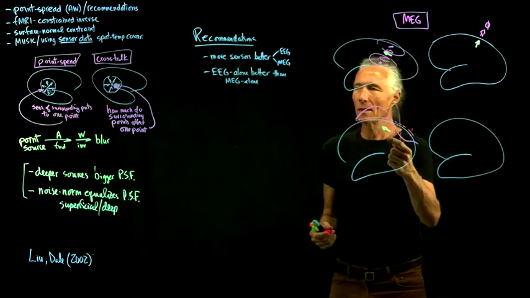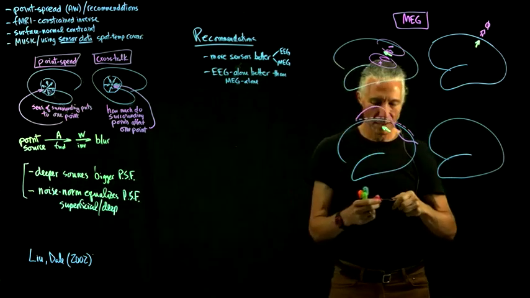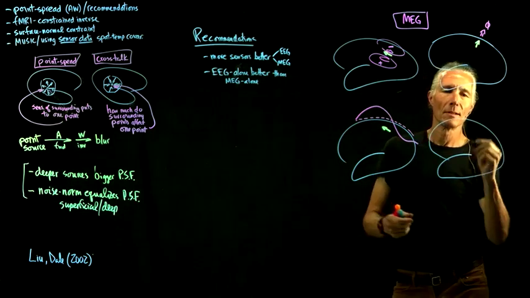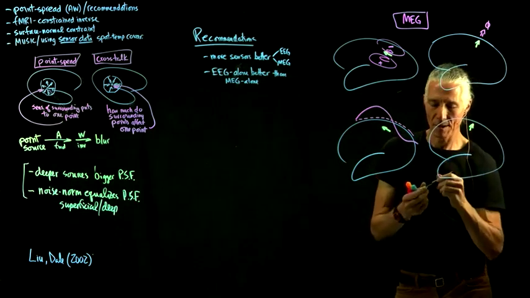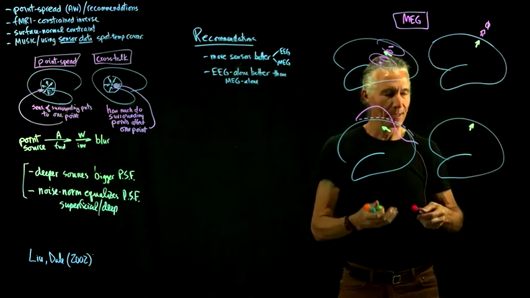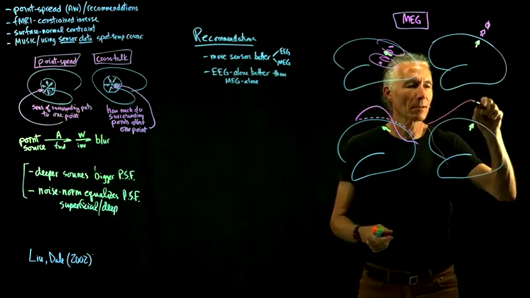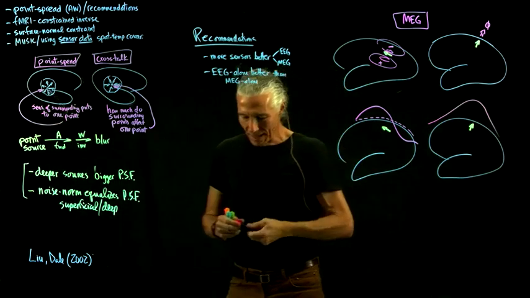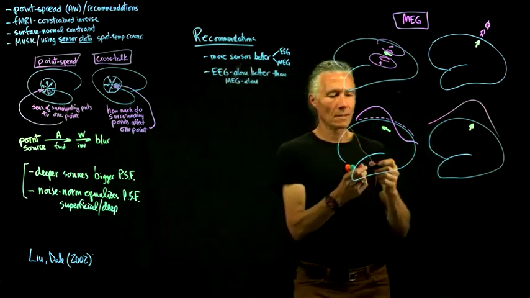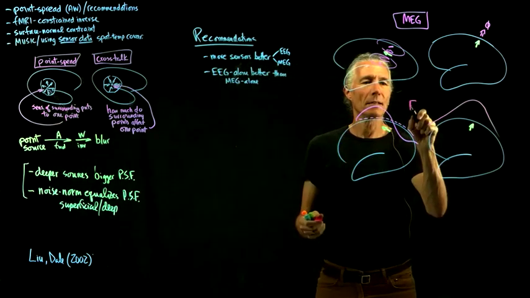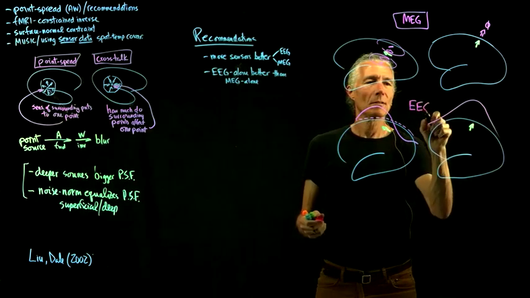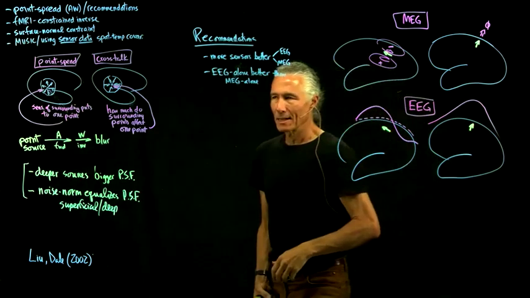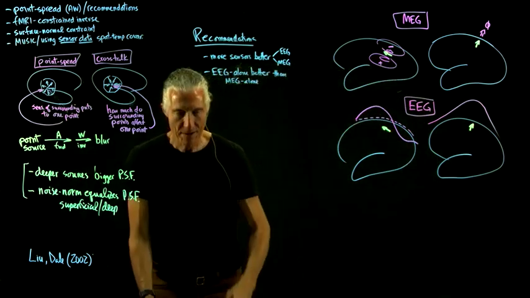So a tangential dipole gives you a signal, and of course a radial dipole will give you a signal as well. The forward solution would look something like that. So this is our EEG case. That's one downside of MEG alone, that you can't see radial dipoles.